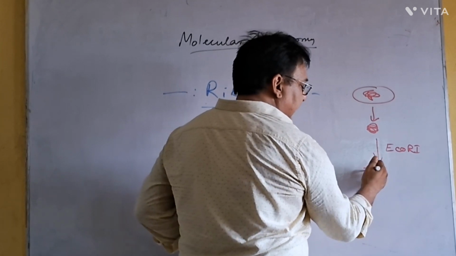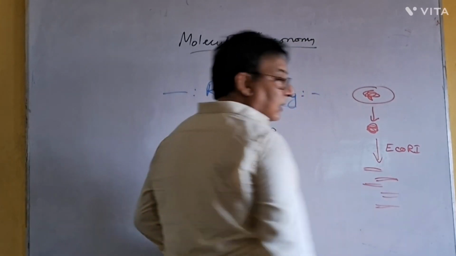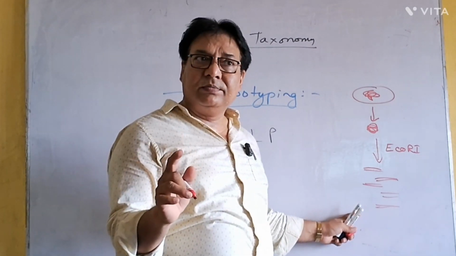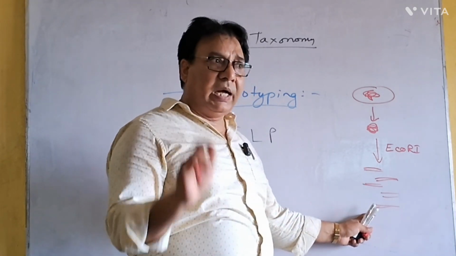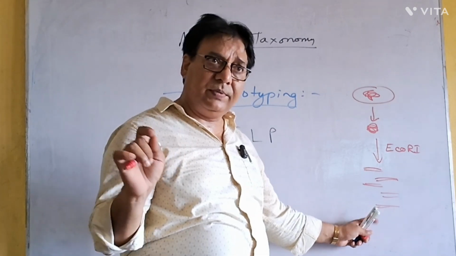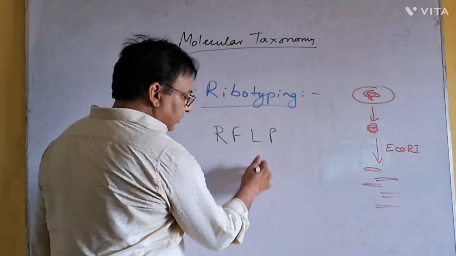So you got several fragments. It got fragmented, isn't it? Some of the fragments have rDNA also. In the total genome fragments, there will be ribosomal DNA also, the 16S rDNA, 23S rDNA. Now you run a gel. After this you run a gel.